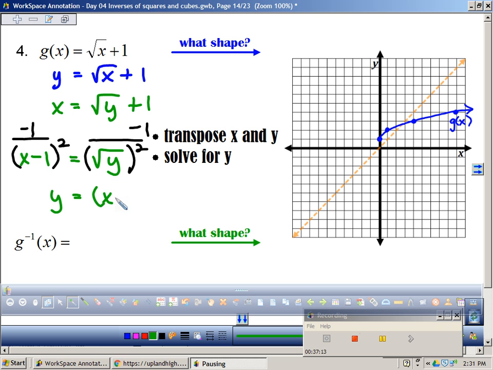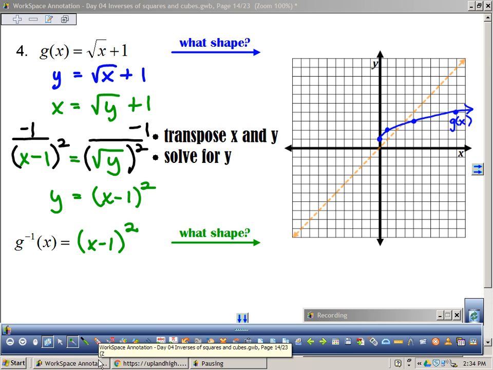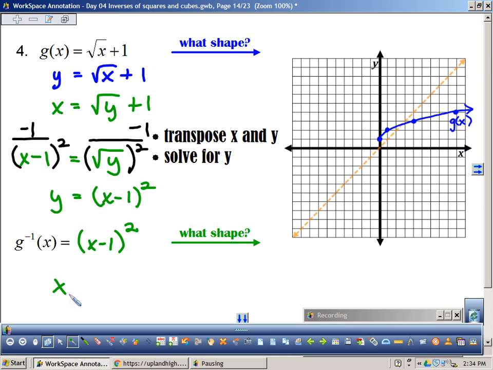And I get y equals x minus 1 squared. Only when we go over to 1, x is going to have to be greater than or equal to negative 1. Sorry, positive 1.